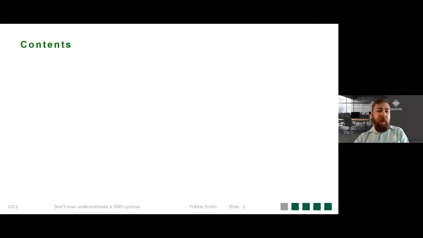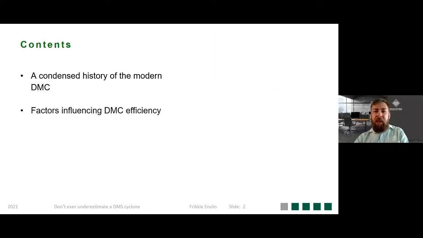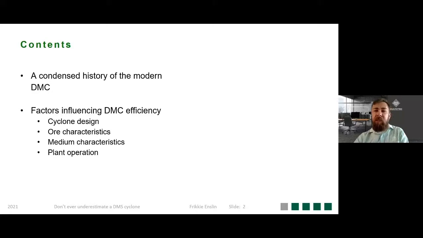So what we'll be looking at today is I will give you a condensed history of the modern dense medium cyclone. It's important to know where we come from so that we can appreciate that. And then I will also look into some of the factors influencing dense medium cyclone efficiency.